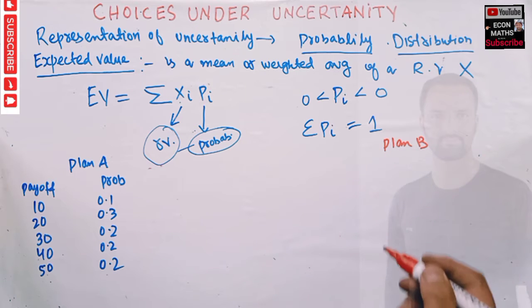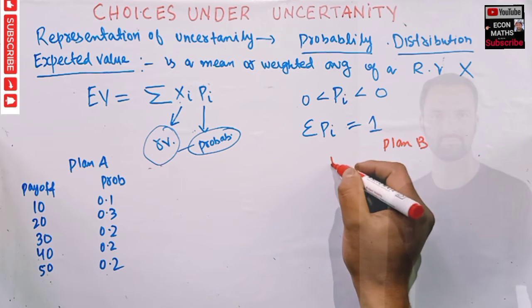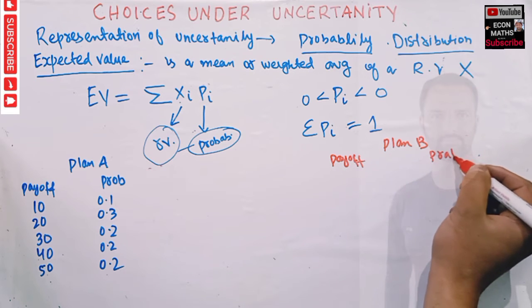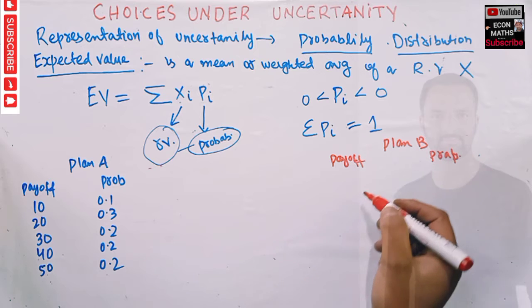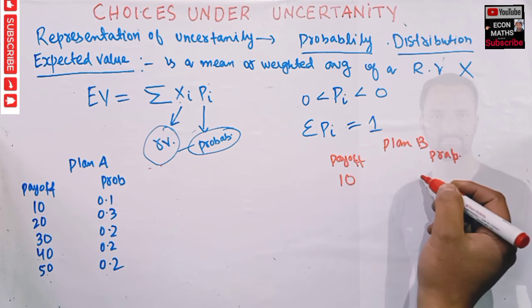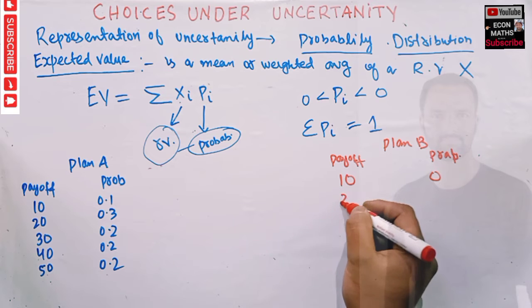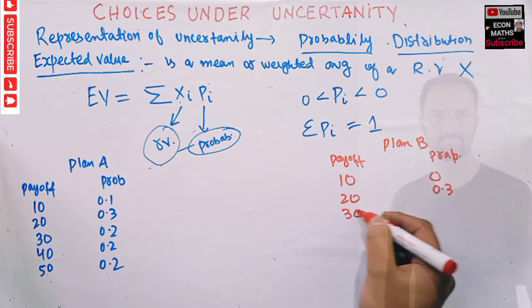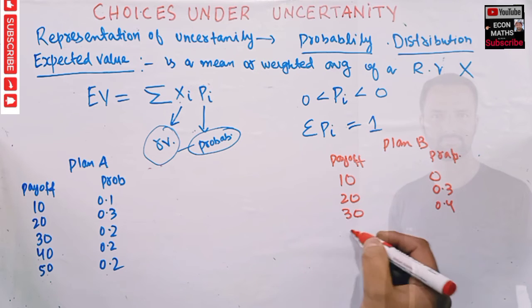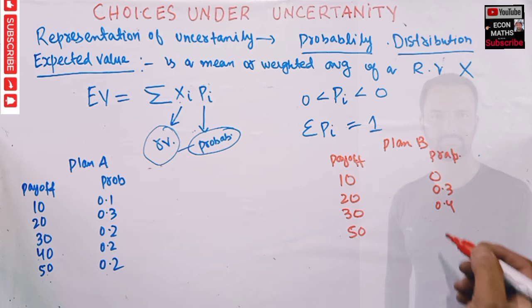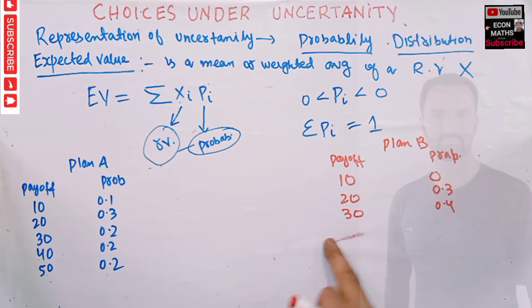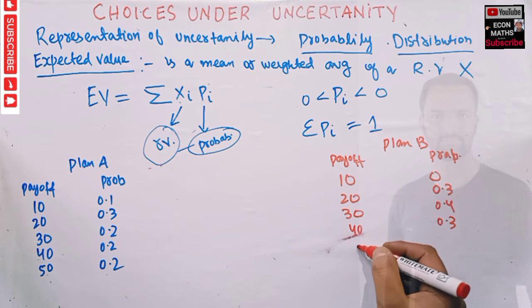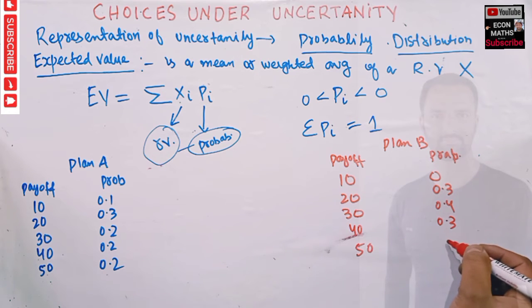plan B is being given by this. We have the payoff and probability associated with this payoff. Let's say he gets $10 with probability 0, $20 with probability 0.3, $30 with probability 0.4, $40 with probability 0.3 and $50 with probability 0.